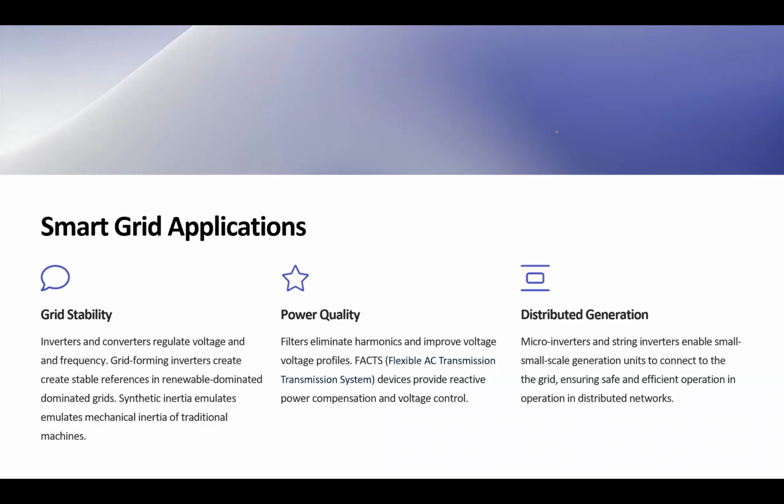Let me give you one example of why we need micro inverters and power electronics if we're dealing with a microgrid. Let's consider the voltage. If you have a very huge generator, let's consider a power plant, you have a very huge turbine and generator that creates a certain voltage at the output.